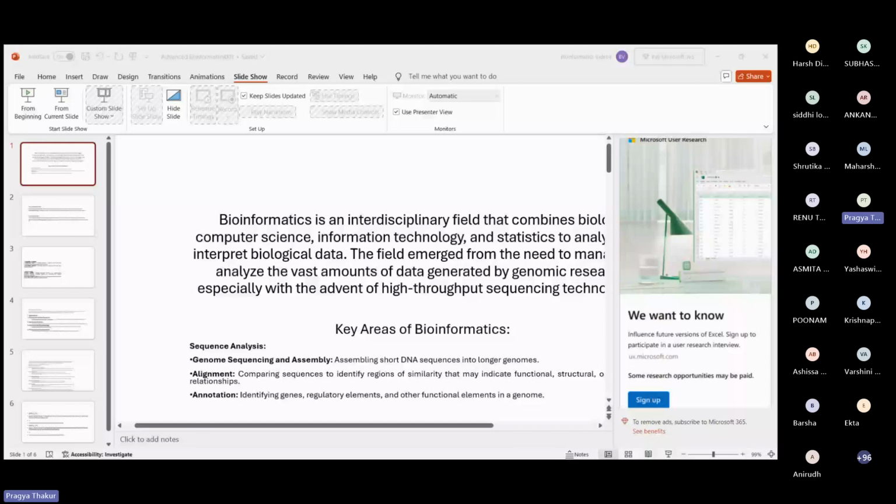Why? Because sequencing is very much needed by the scientific world. Proteins are the building blocks of our body, or of any organism.